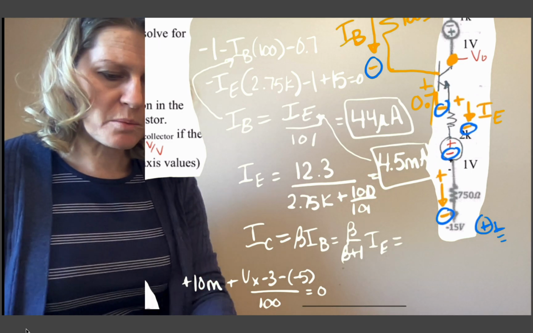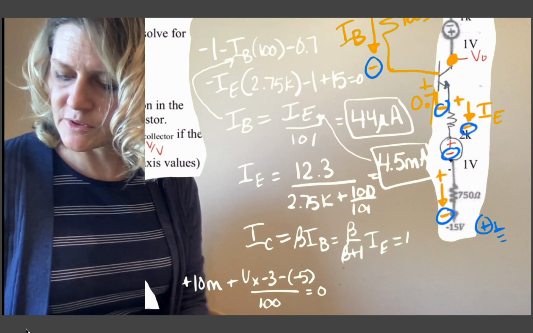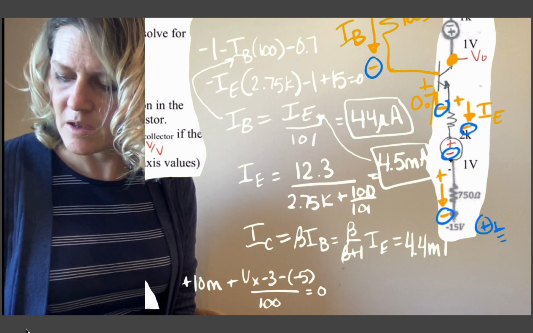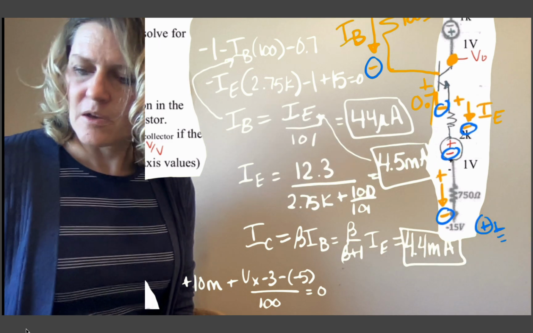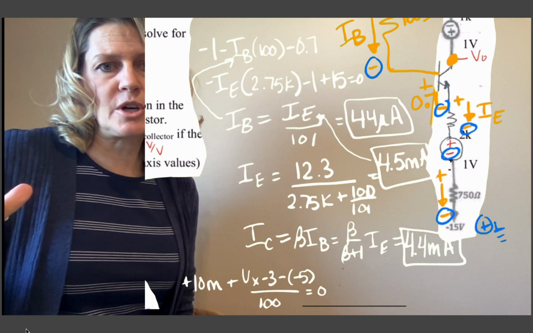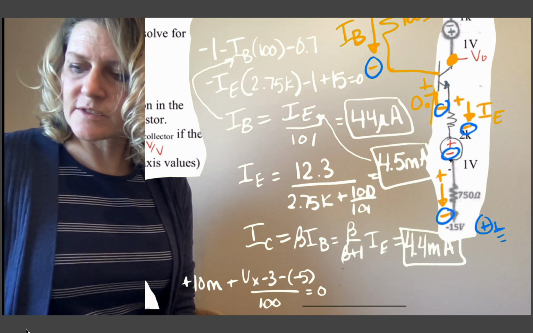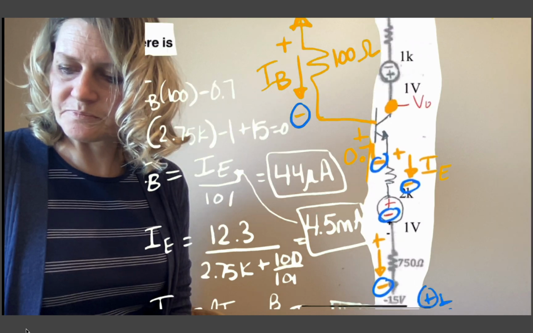And that gives me 4.4 milliamps. So now I have all three currents, and I want all three voltages, VB, VE, VC.